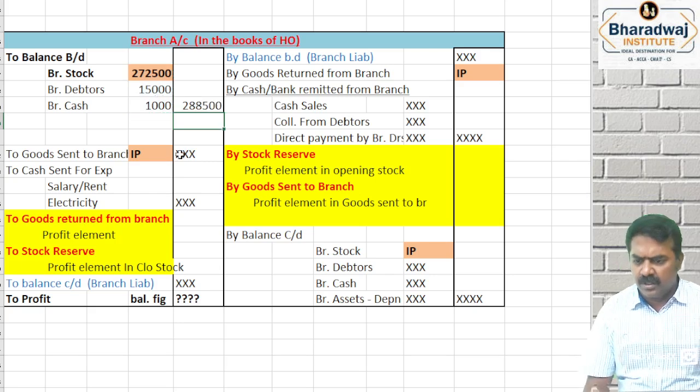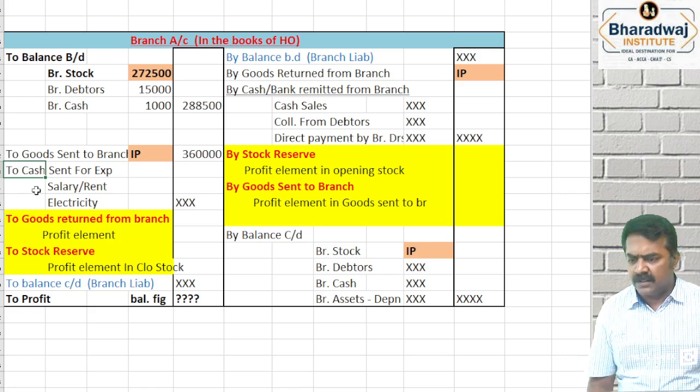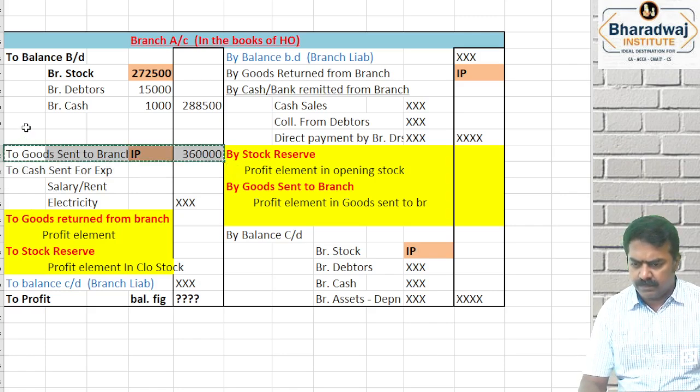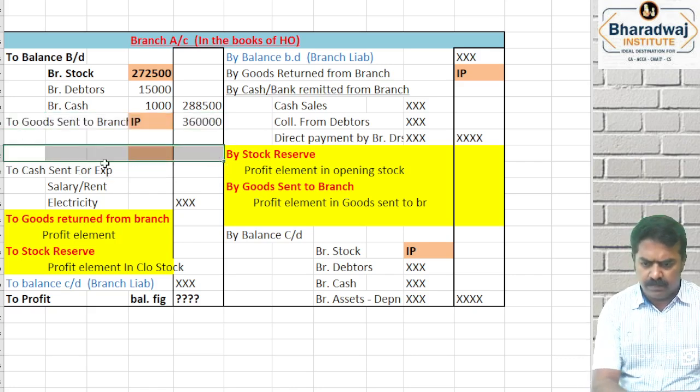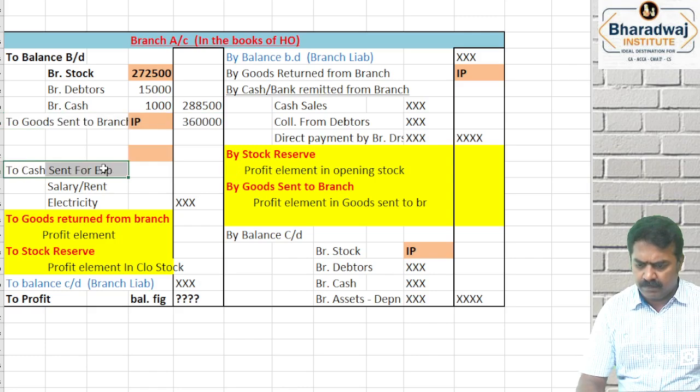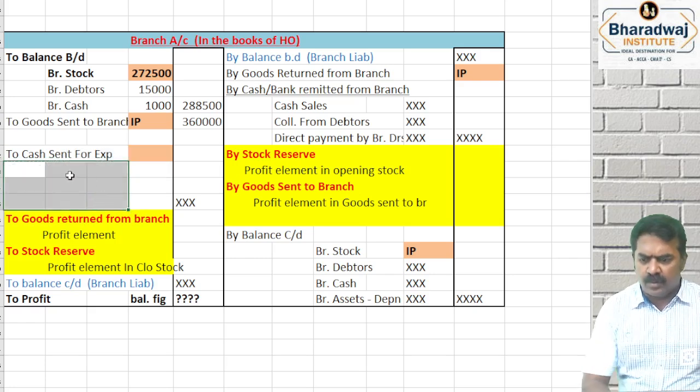No issues. Goods sent to branch, invoice price. How much? 3,60,000. Cash sent for expenses. What are the expenses incurred?